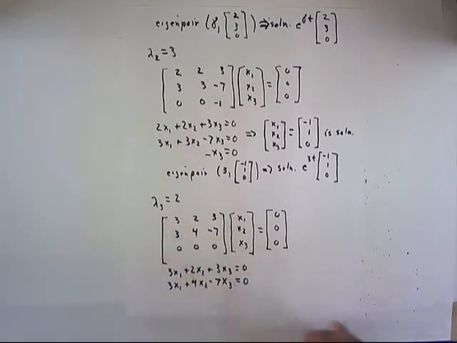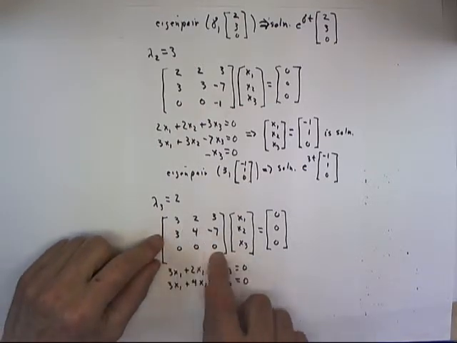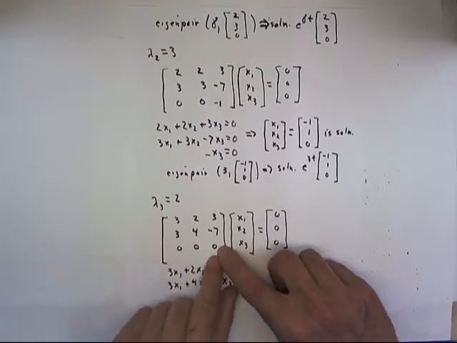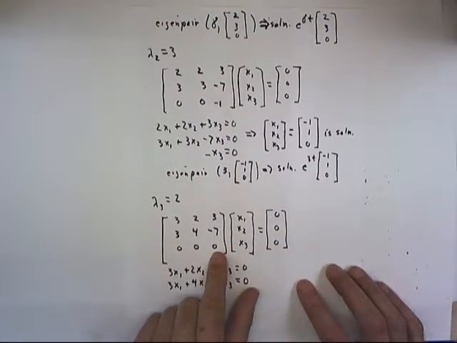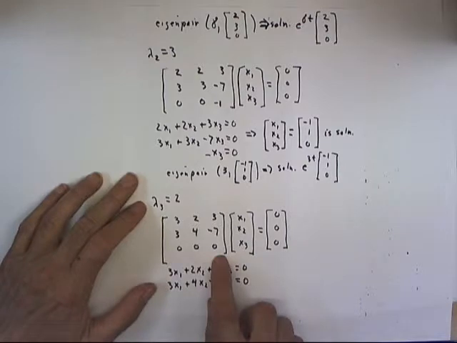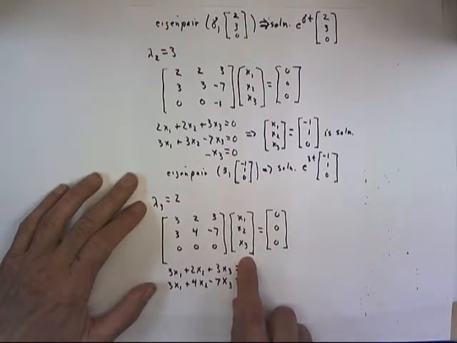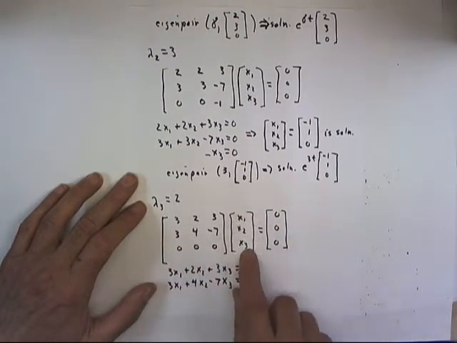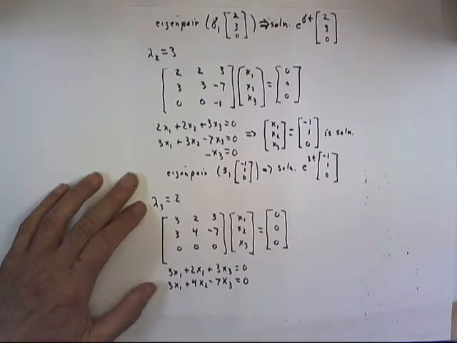Subtracting 2 from each of the diagonal elements in our original matrix, we get this, and it gives us the bottom row here being all zeros. Well, 0, 0, 0 times x1, x2, x3 equal to 0 doesn't give us any information at all. Whatever x1, x2, and x3 are, if we multiply by the row 0, 0, 0, we are going to get 0.